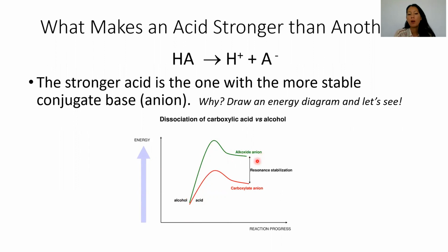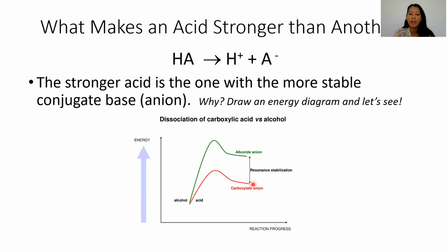However, with the carboxylic acid, such as formic acid, acetic acid, I can break that OH bond with more ease. It's a lower hill because my carboxylate anion, the CO double bond O minus, is lower in energy because it's resonance stabilized.